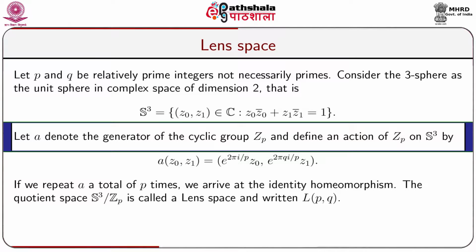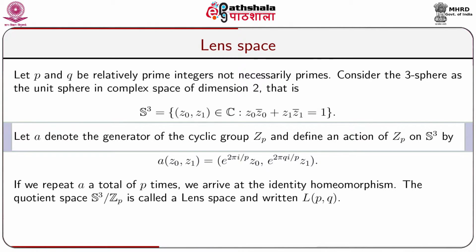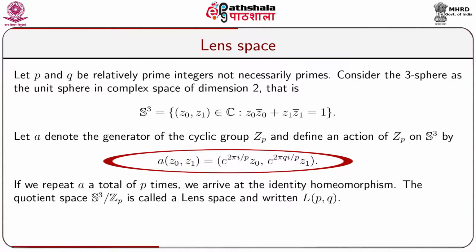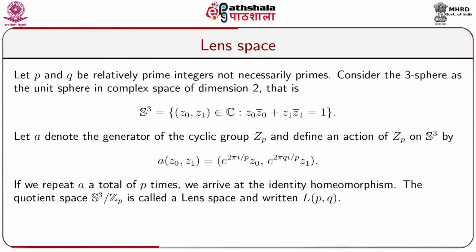Now let a be the generator of the cyclic group Zp, and let us define an action of Zp on S3 by the following rule: a of (z0, z1) is equal to (e to the power 2 pi i by p z0, e to the power 2 pi q i by p z1).